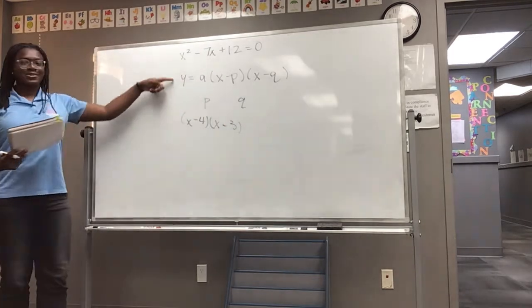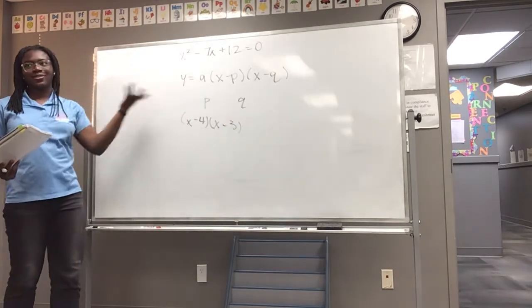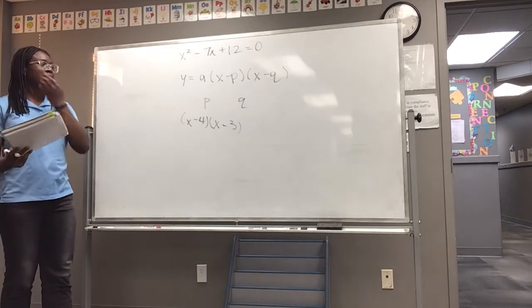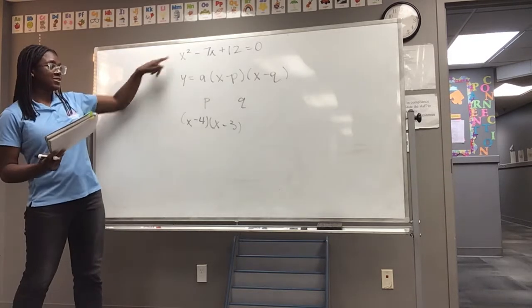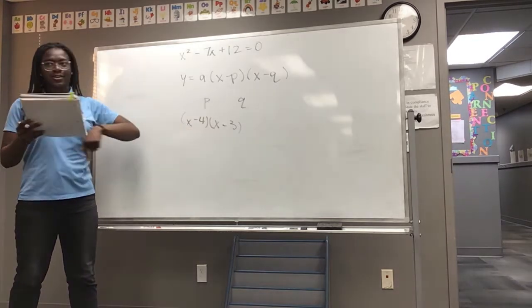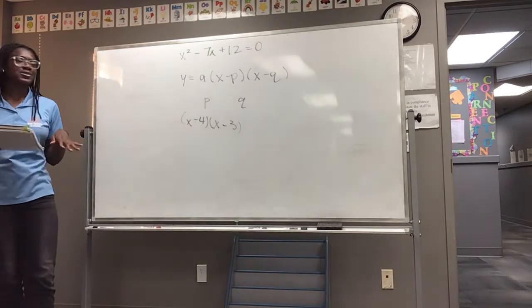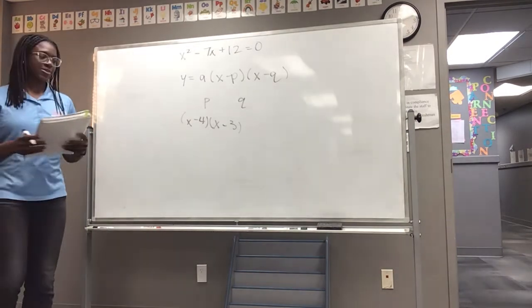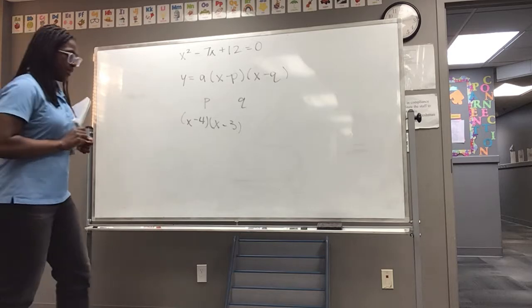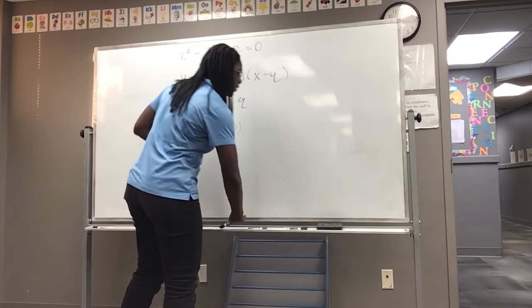That's virtually the same as this one, except it doesn't have an a in front. The constant is maybe 1, and there's no y equals. So our answers to this are 4 and 3. So that was just kind of vocab. We didn't actually go through it. So we're going to go through one and actually factor it.